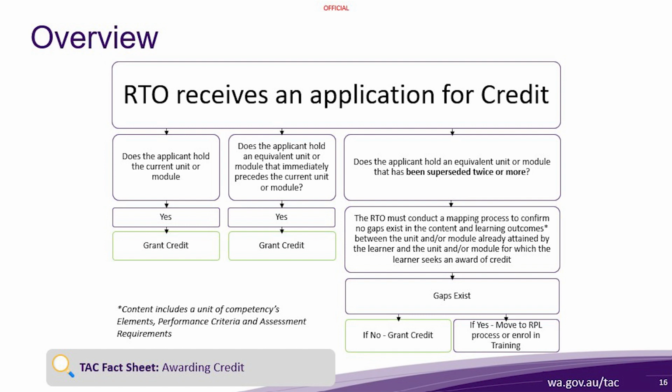If the applicant holds the current unit or module, then you can grant credit straight. And indeed, you must grant credit because Standard 3.15 says you must. The second option is where the student holds an equivalent unit of competency or an equivalent module that immediately precedes the current unit or module. If they do, then you grant credit.